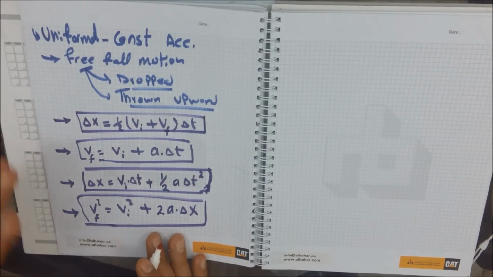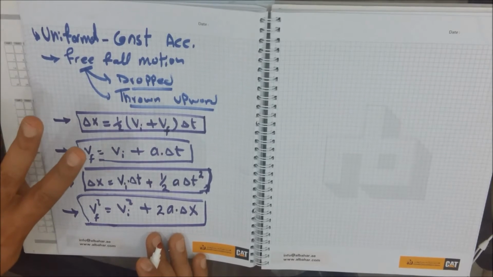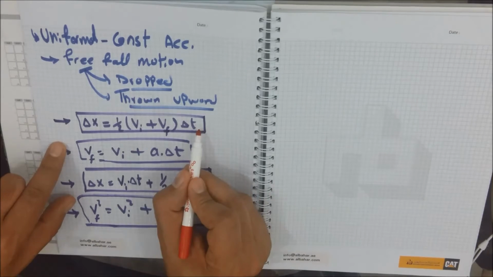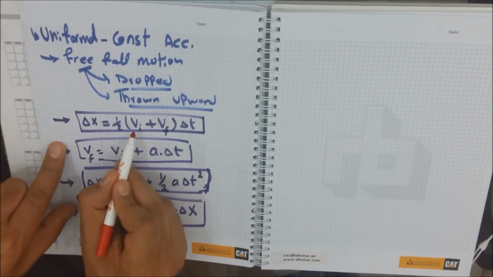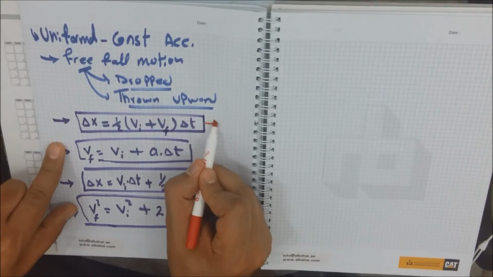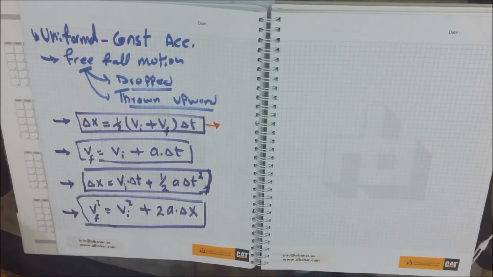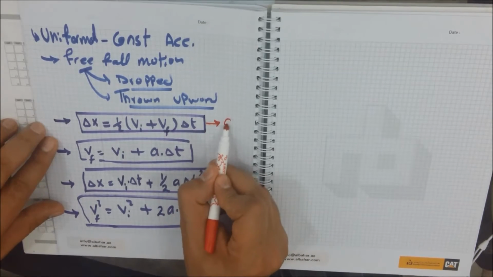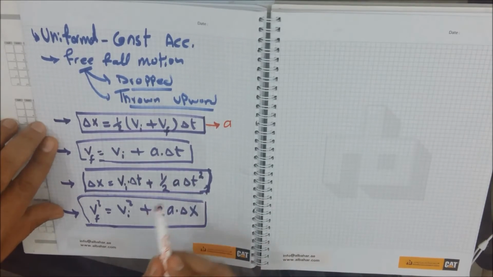You will find 4 given values, but one value is not there. Delta x is the displacement, Vi is the initial velocity, then final velocity, and time. What is not mentioned here is acceleration.